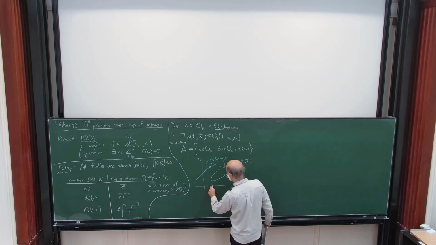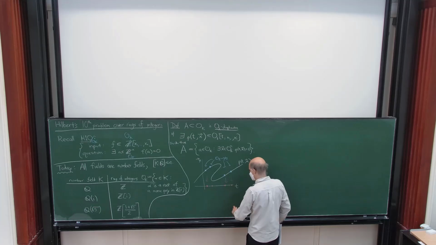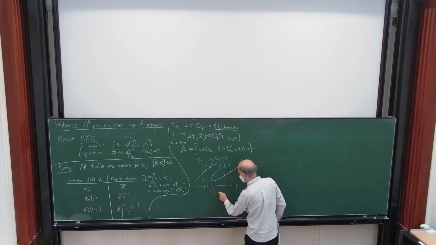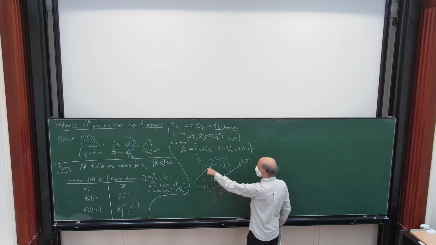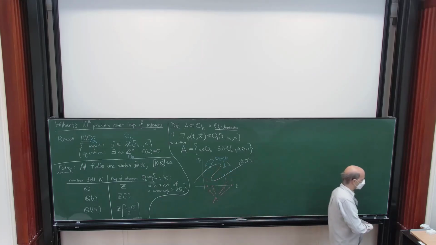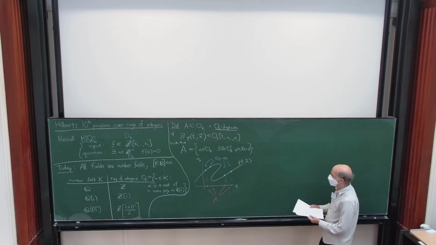You take their t-coordinates, and that's going to be the set A. That's the set of t-coordinates for which there exists an x-coordinate that makes (t,x) a solution to the equation.